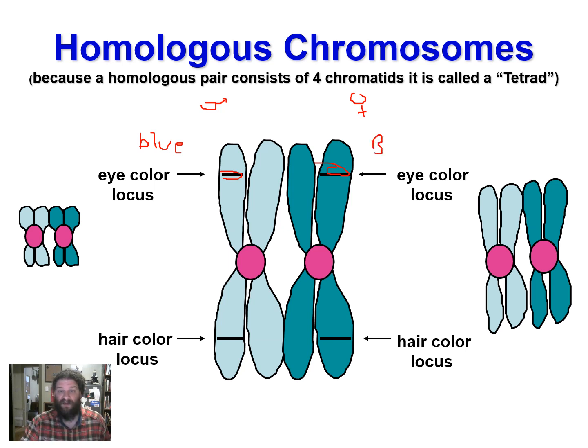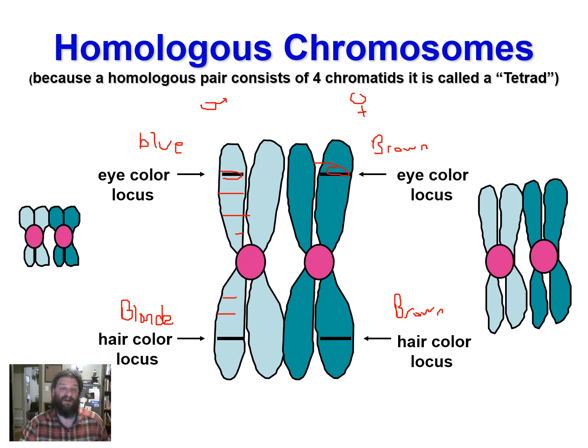Maybe mom's donating a brown eye allele. It's called a gene that codes for brown-eyedness. And that's the case with all of the different genes at all of the different loci, all along here. Maybe dad's also got blonde hair, and mom's got brown hair. So these pairs of homologous chromosomes, though they carry the same traits, might carry different characteristics of those traits.